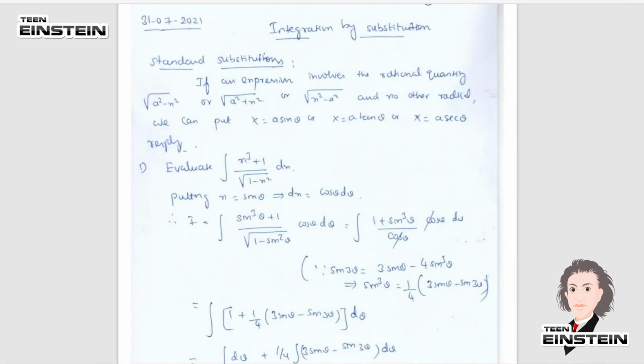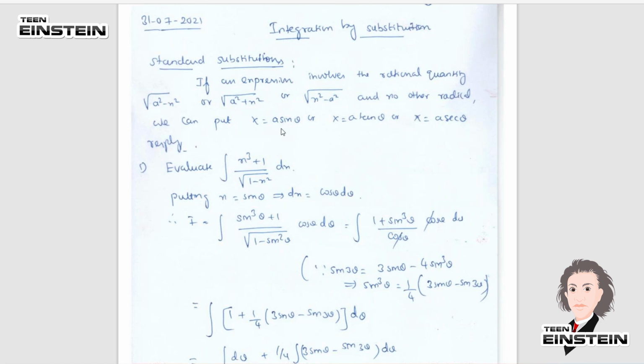Next I move on to standard substitutions. If we have square root of a square minus x square, or square root of a square plus x square, or square root of x square minus a square, then we can use the following substitutions. For square root of a square minus x square, we use x equal to a sin theta.